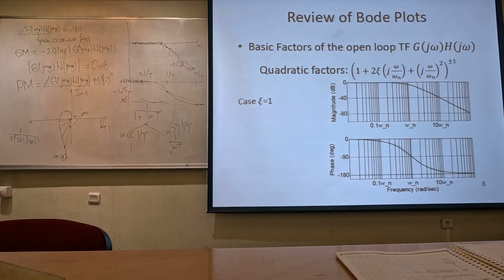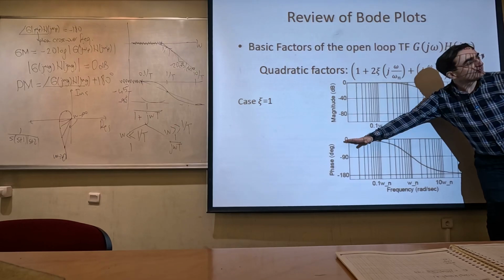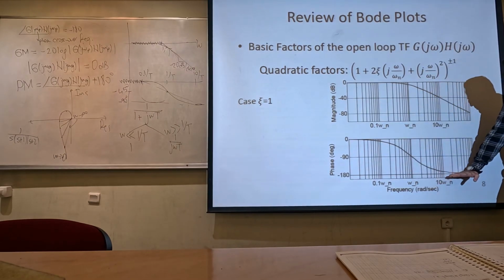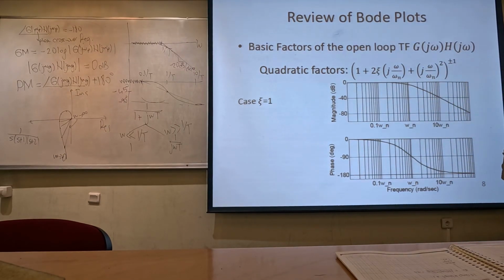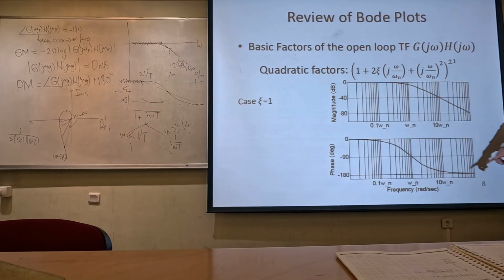It is going to be minus 40 dB per decade. Okay, so this is the case when the damping ratio is exactly equal to 1. And here, for small omegas, the angle is going to be 0 degrees. For large omegas, the angle is going to be minus 180 degrees. And we're going to actually be crossing the 90 degrees at the frequency omega n.